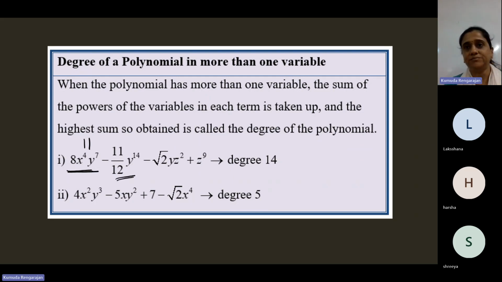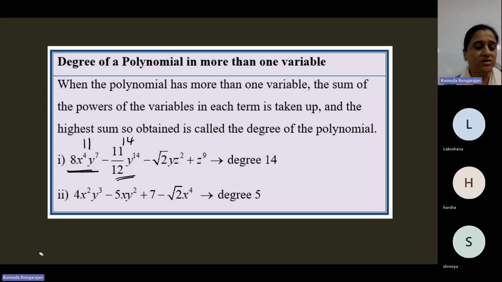Look at the second term. How many variables? Only one variable. What is it? Y. What's the power? 14. Write it. Third term. How many variables? 2. What are they? Y and Z. What's the power of Y? 1. What's the power of Z? 2. What is 1 plus 2? 3.